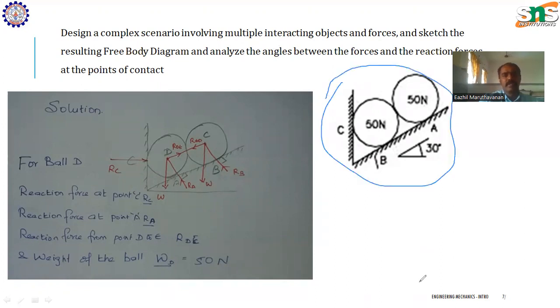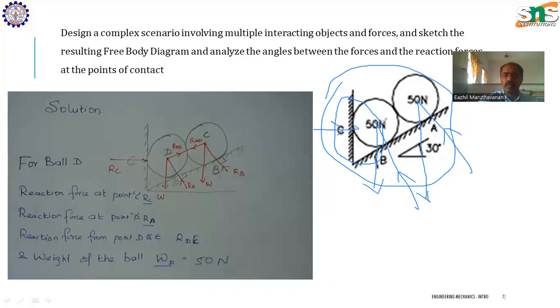As we've already seen, the weight of the object always acts perpendicular to the ground. The reaction forces are the normal reactions, perpendicular to the lying plane of the object. This ball is supported against this vertical wall, so here we also have a reaction force like this.